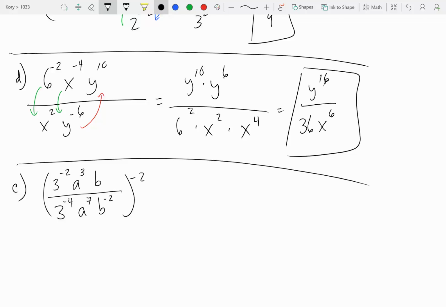So just like before in previous examples, we need to distribute that -2 before we move any negatives to the bottom or the top.